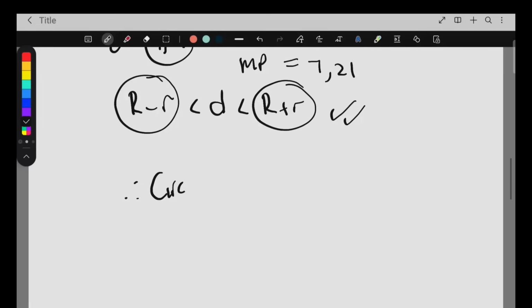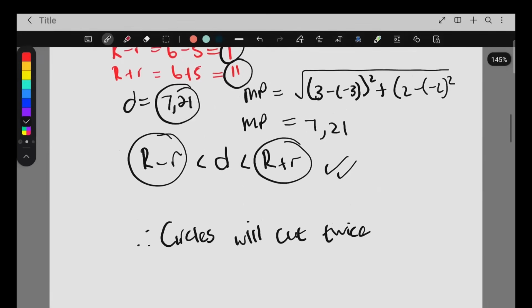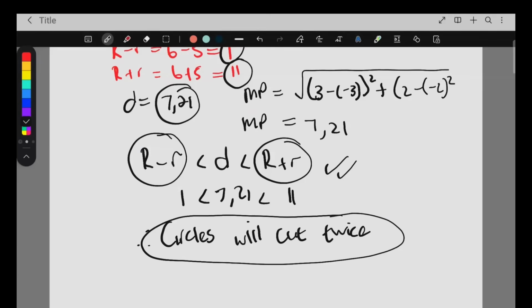Therefore, the circles will cut twice. And that's your answer, and that's how you get 4 marks. If you want to rewrite, you can write 7,21 is between 1 and 11, and therefore the circles will cut twice.